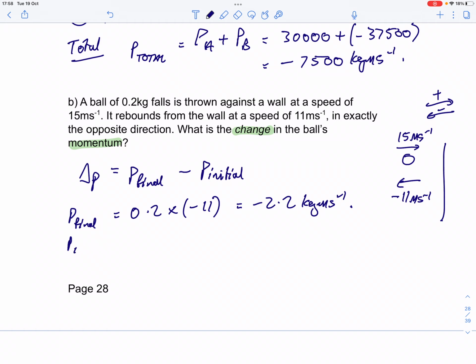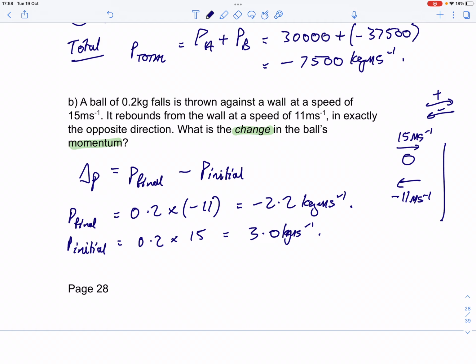Then the initial momentum is the same mass, 0.2 times 15 meters per second, which gives us 3 kilogram meters per second. So that's the final and the initial momentum.